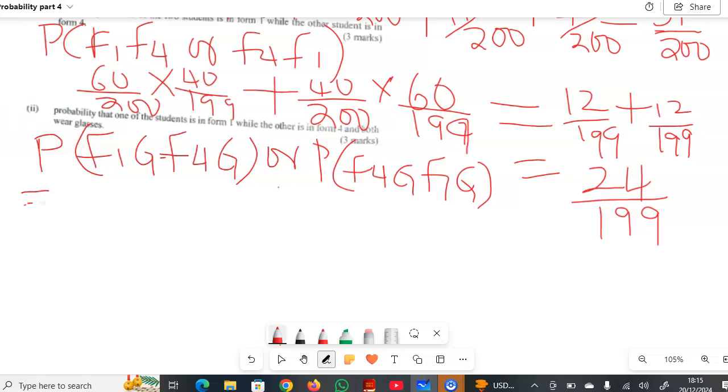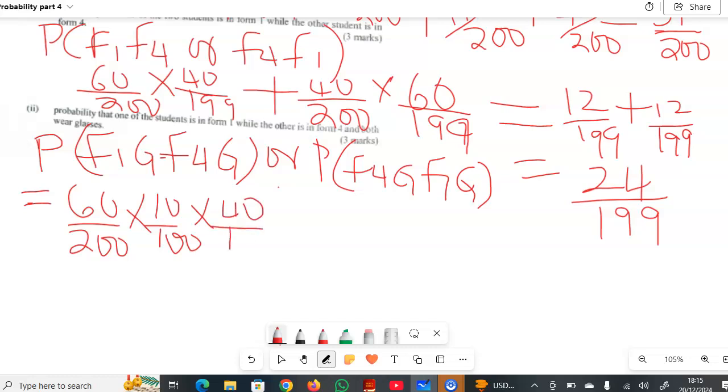Form 1 is going to be 60 over 200, and for Form 1 wearing glasses we had 10%, so 10 over 100, times Form 4. Now Form 4 is 40 out of 199 because we already picked one Form 1 there. Then times Form 4 wearing glasses is 17.5%, so 17.5 over 100.